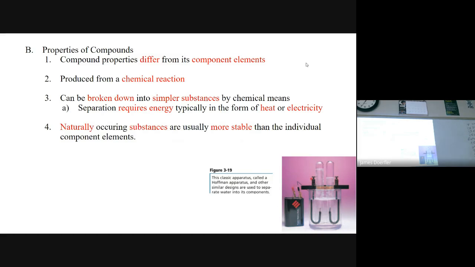And it can go the opposite direction as well. Compounds can be broken down into simpler substances by chemical means. But in order to break it down, oftentimes that separation process is going to require energy, and that energy is typically going to come in the form of heat or electricity.